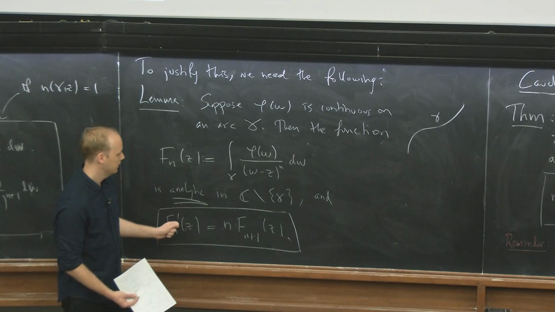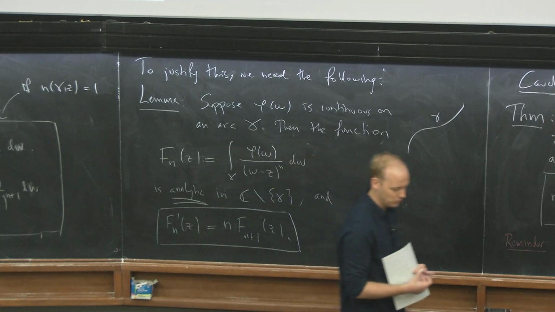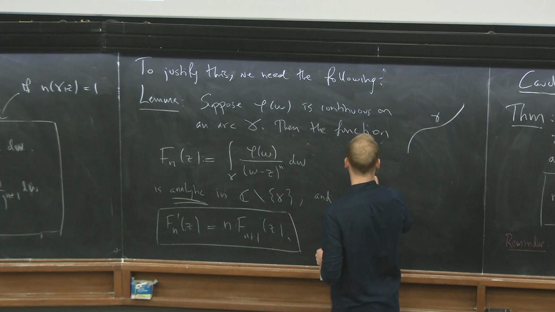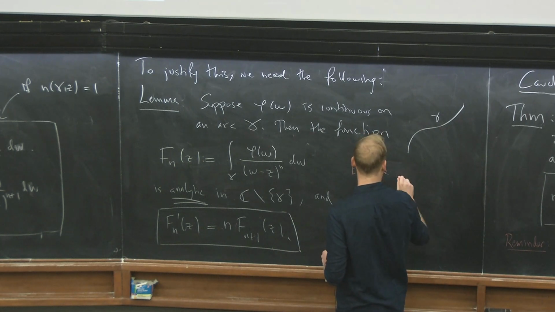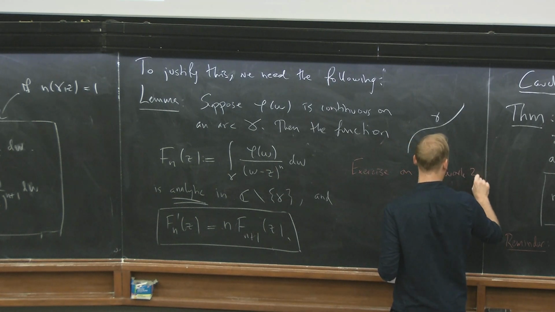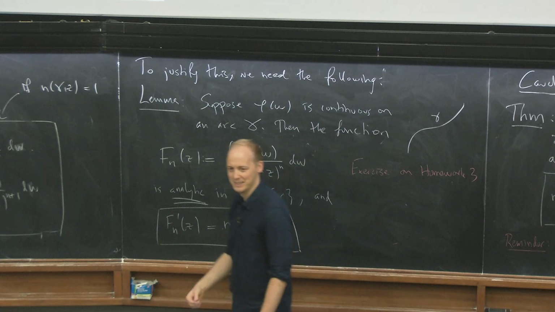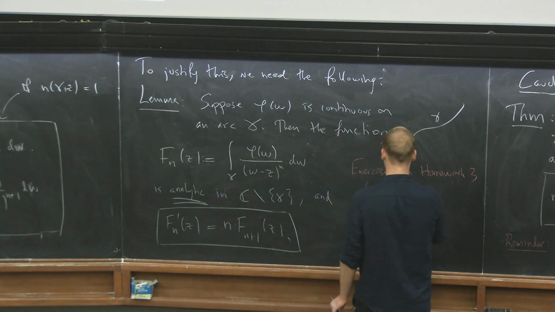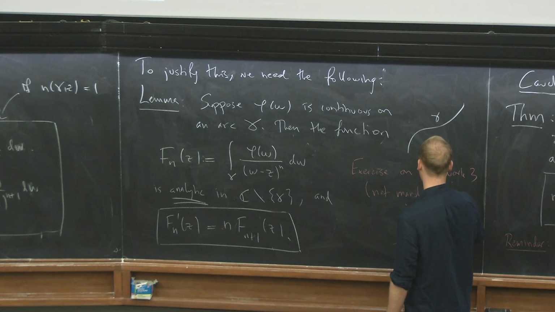Okay, and this one was one of the exercises on the homework sheet, but whose fate it was to be not mandatory to hand in. So this is one of the removed exercises, not mandatory for hand in.